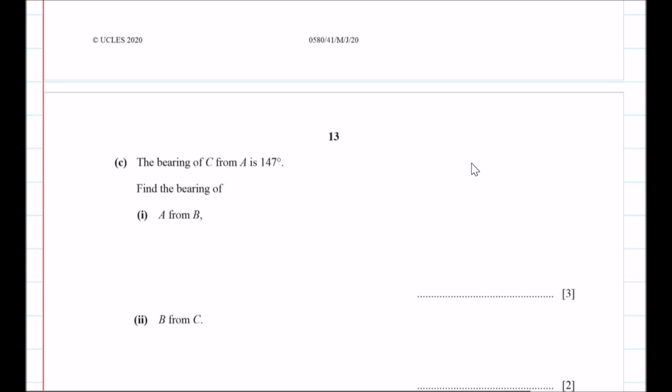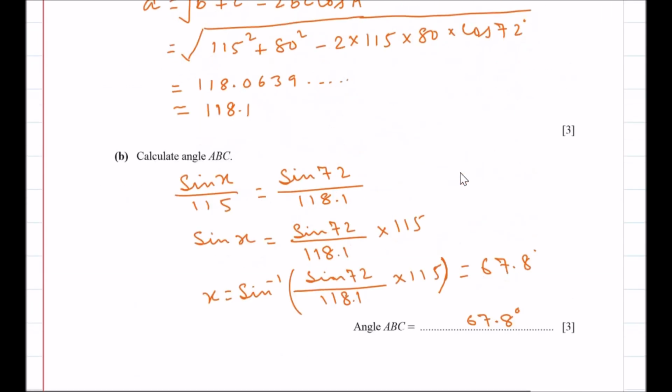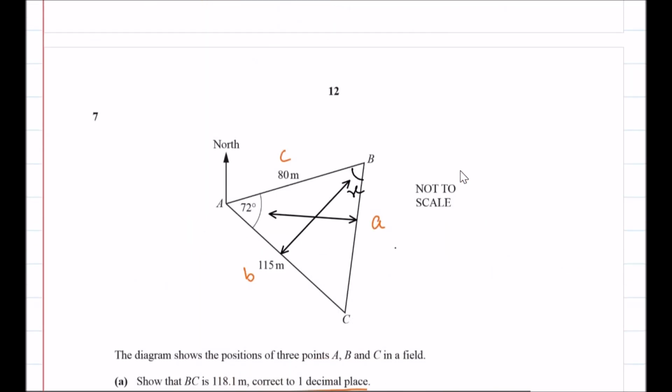Okay. Find the bearing of A from B. So A from B. Let's see the diagram. Let me erase the other work I have done.